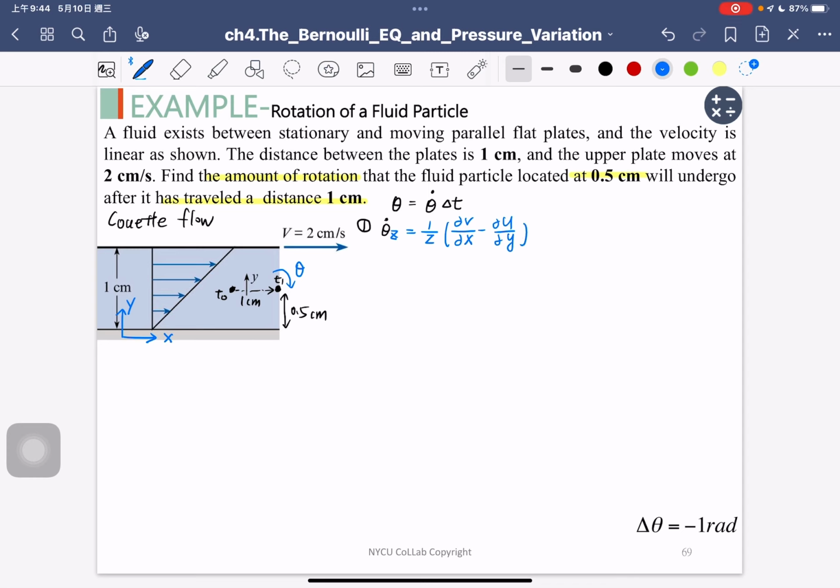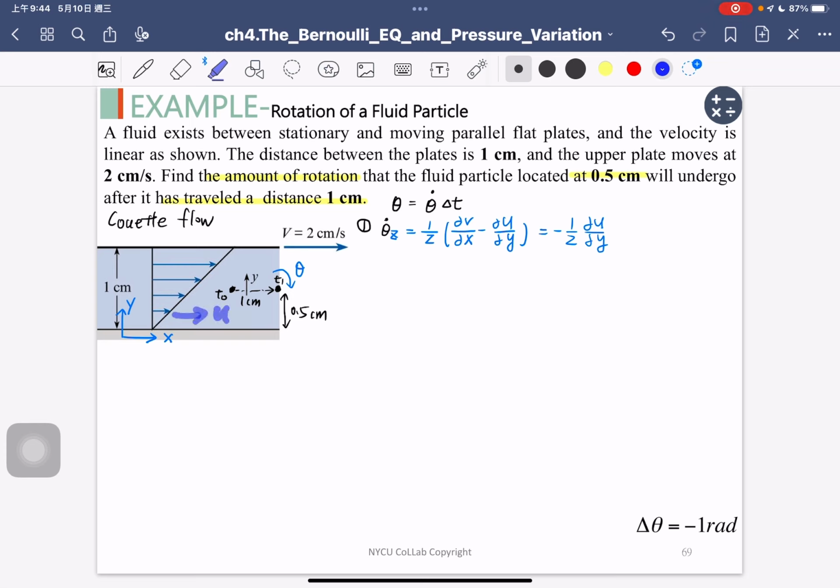Okay, and then in the Couette flow, we don't have velocity in the v direction. So in that case, we only have 1/2 times minus du/dy. We only consider this term because we have the velocity in the u direction.